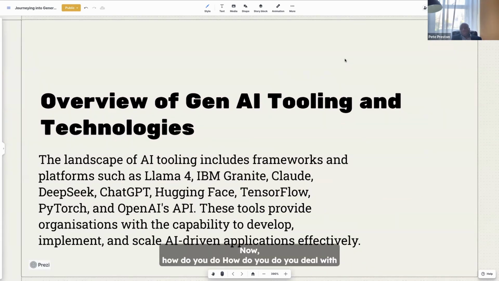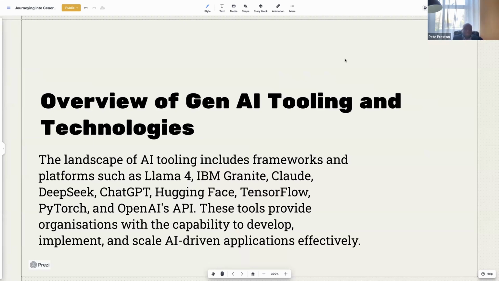Now, how do you deal with your AIs? A lot of the architecture is built on foundation models, and the foundation models are the ones you probably know, like OpenAI's ChatGPT, Llama, Claude from Anthropic, and recently you've got DeepSeek and Qwen.